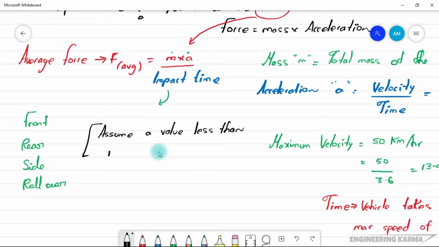Assume a value less than 1 second, as impact happens in a fraction of a second. I am initially assuming 0.2 seconds for front impact.